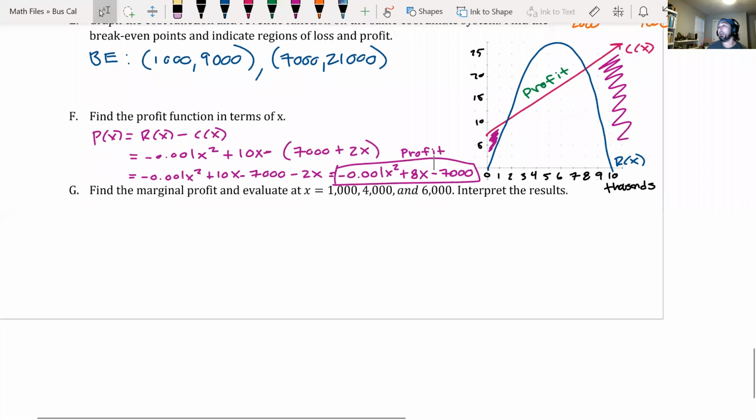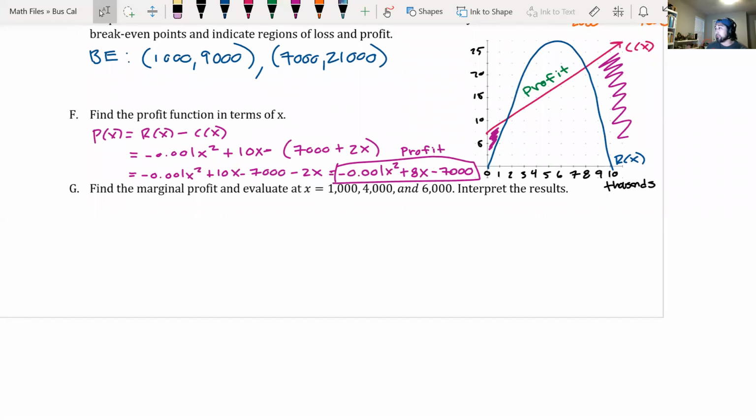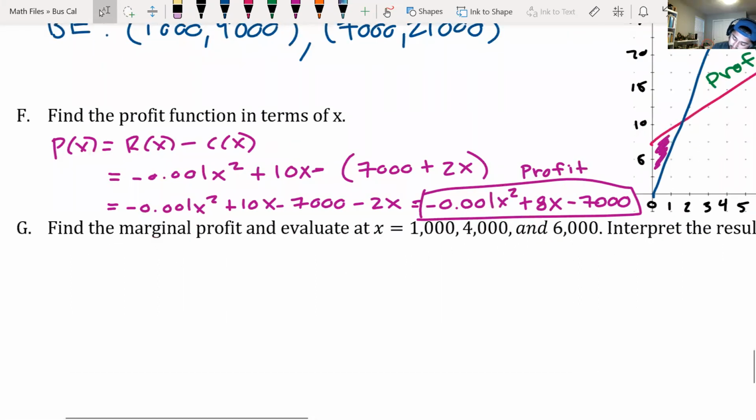Okay. And now, since we have found the profit function, you guessed it, the next problem says find the marginal profit. So you're going to take the derivative of this profit function we just found and plug in 1,000, 4,000, 6,000 and interpret. So we're going to say P prime of x.